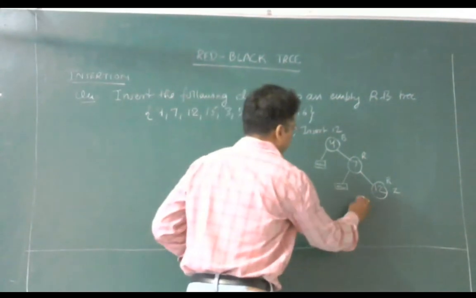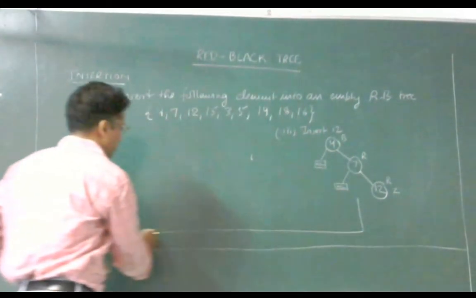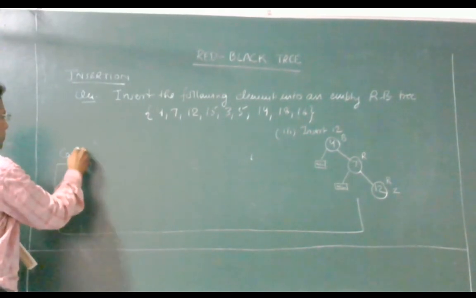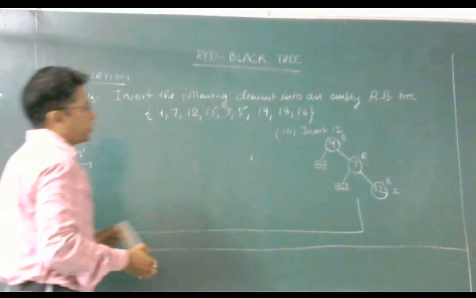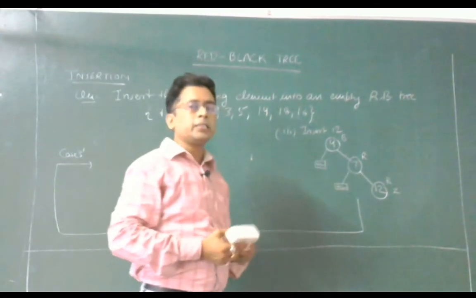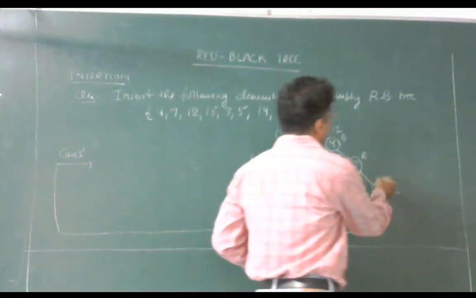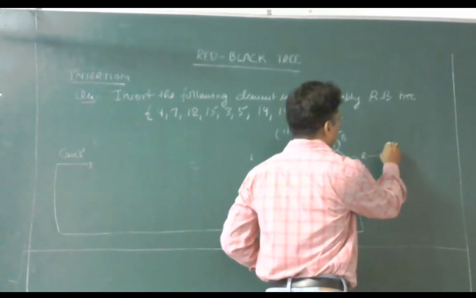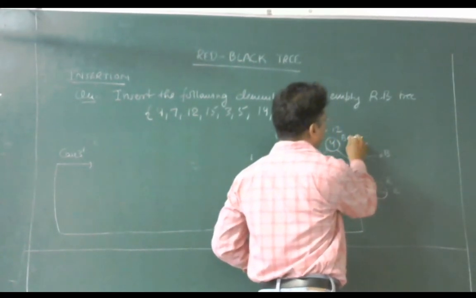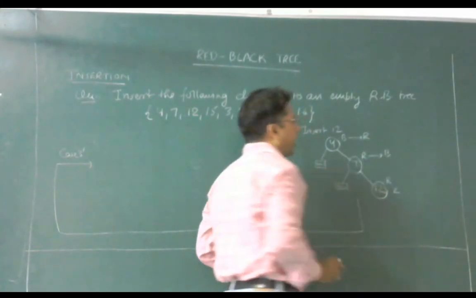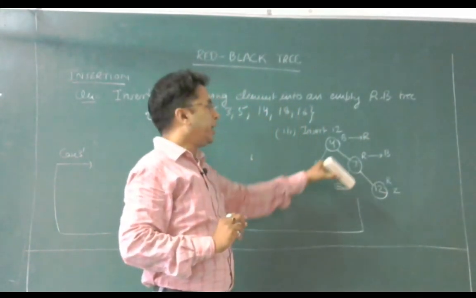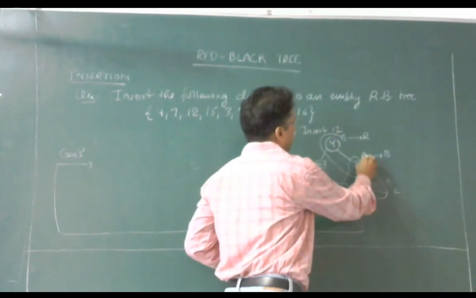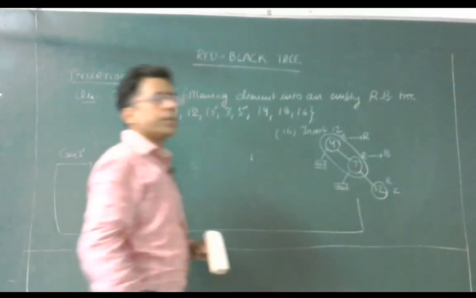When we apply case 3 dash, what we do in this case is change the color of the parent to black, and the grandparent becomes red, and we perform the left rotation between parent and grandparent.